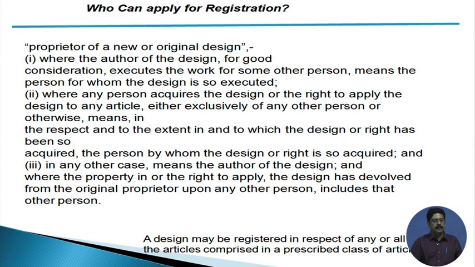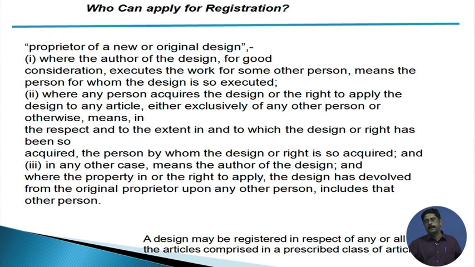So, who can apply? A proprietor can apply. The author can also be the proprietor, or if the author executes the design for good consideration for another, that person will be the proprietor. Now, a design can be registered for any or all classes. For example, take a Royal Bengal Tiger pattern on a school bag.